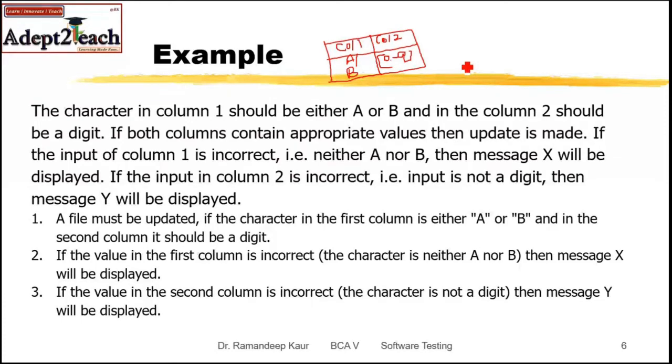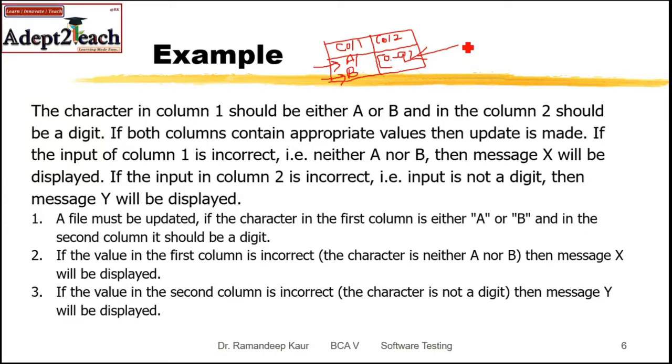Now this has given us a clue that we have to have some conditions: when character A is there in column 1, or when character B is there in column 1, or when a digit is there in column 2, or when there is no digit or no character. Based on this thought process, based on the statement, we will make a cause effect graph. Now let's read the case again.